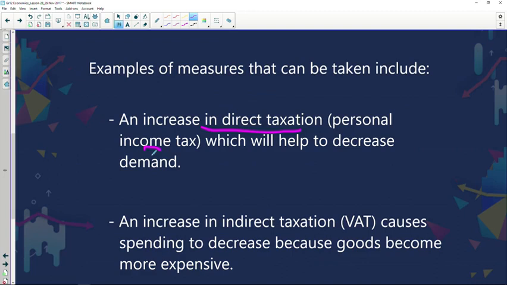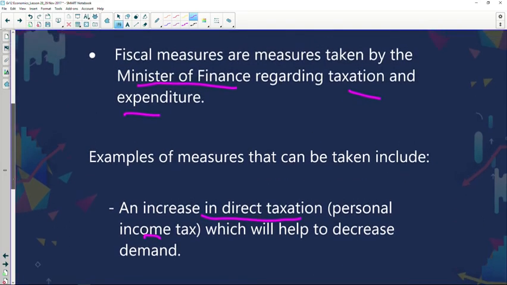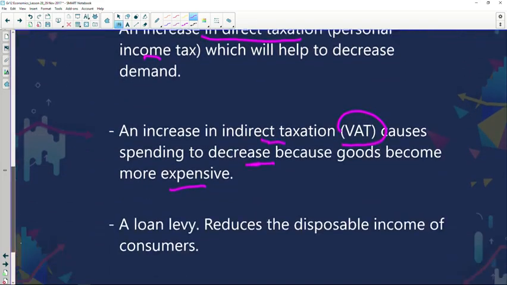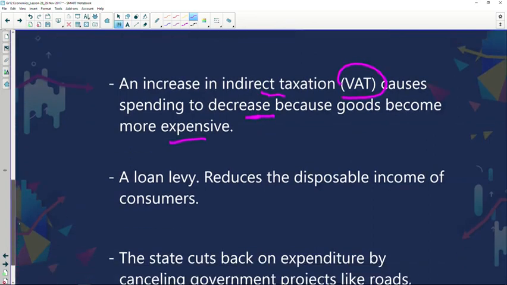Also, when you have an increase in the indirect taxation, that is through value-added tax, it does cause spending to decrease because goods become more expensive. So these are some of the fiscal policies or fiscal measures that can be used in order to fight inflation.